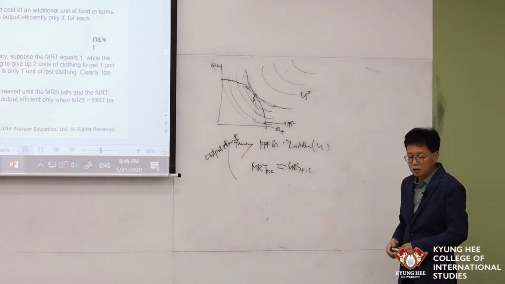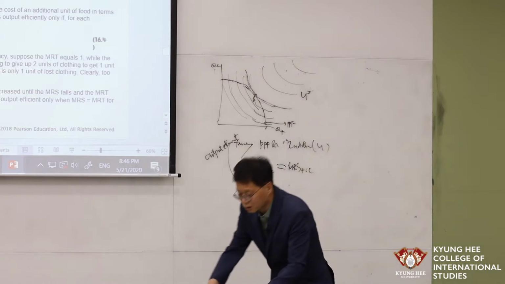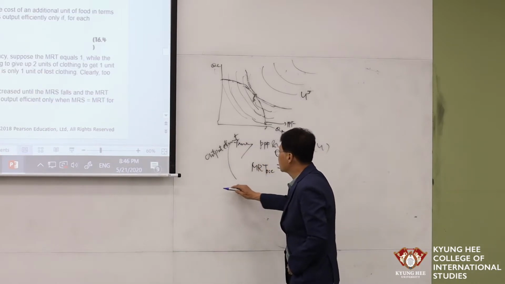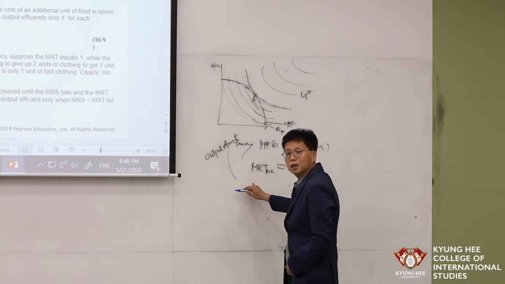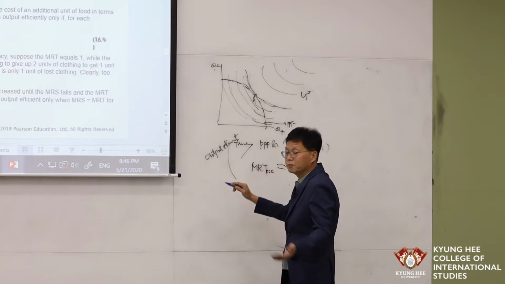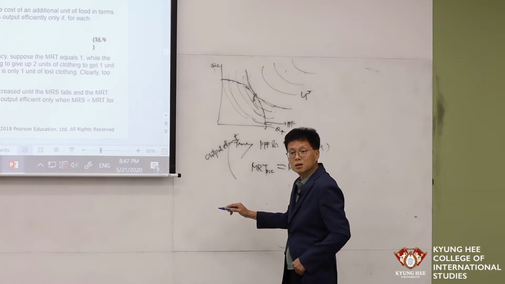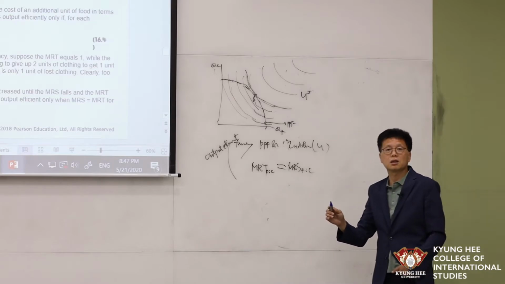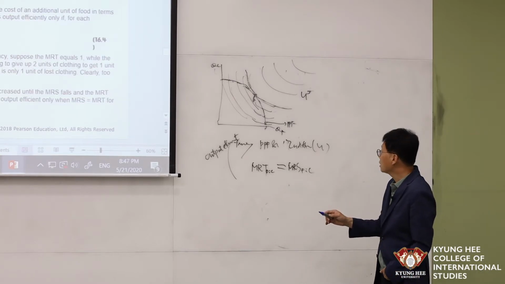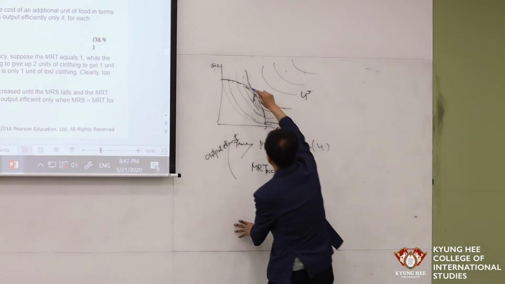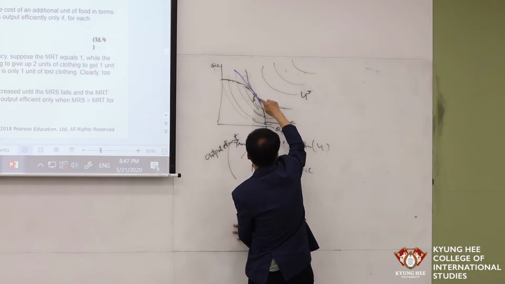Right? Now then, think about what output efficiency is in a competitive market, or competitive output efficiency. Competitive equilibrium says there exists a market. So now think about this. What is this?